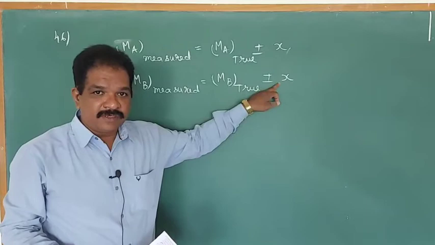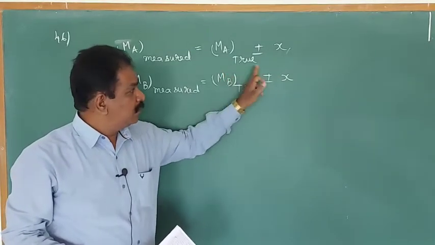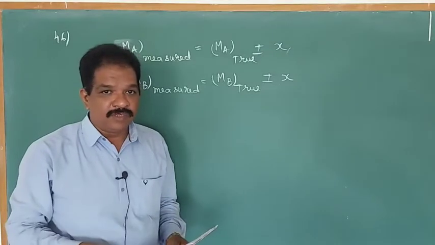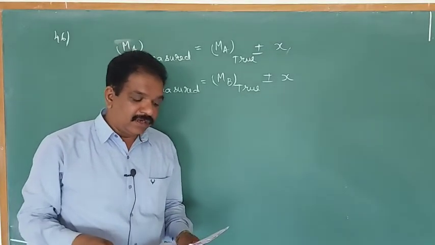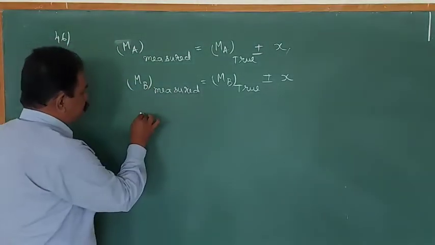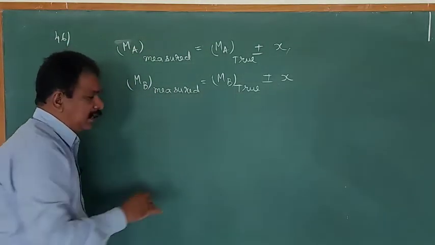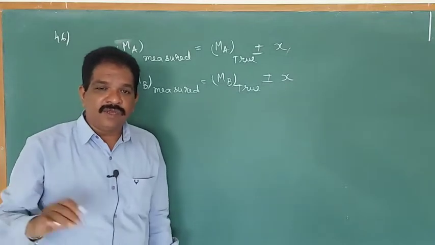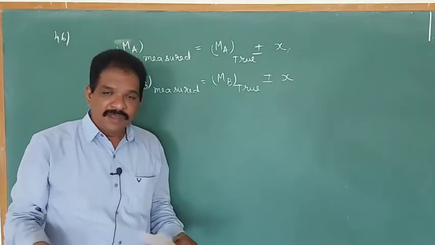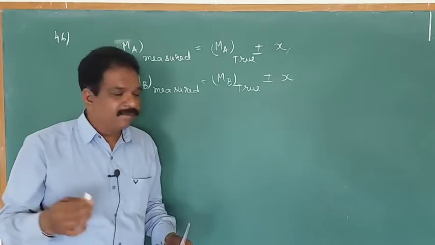If the point is clear. So absolute error in both measurements will be same only. Then relative error. How we will define the relative error? Absolute error by true value into 100 is equal to relative error, or that will be percentage error.